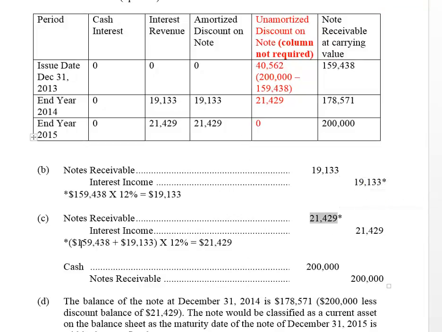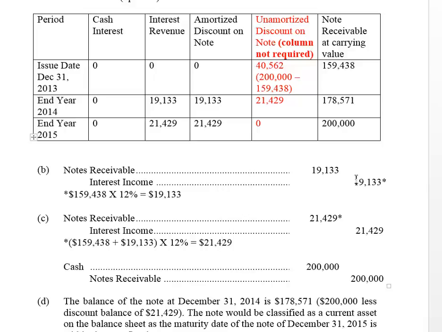We can also calculate it math-wise without a table by taking the opening carrying value of the note at the date it was made, adding in the amount of interest revenue that we booked, which also increased the value of our note, to $178,571. So take those two amounts and multiply them by 12% to get $21,429 as your interest income or interest revenue.